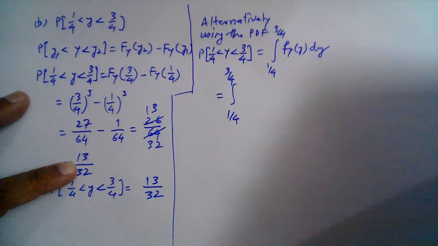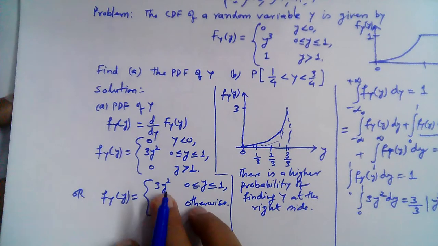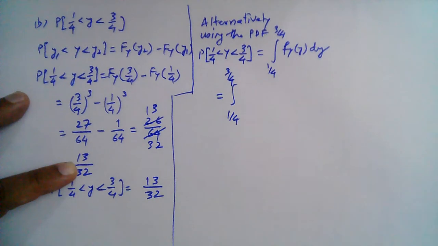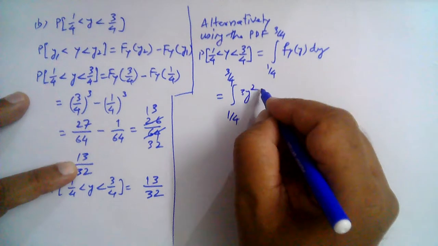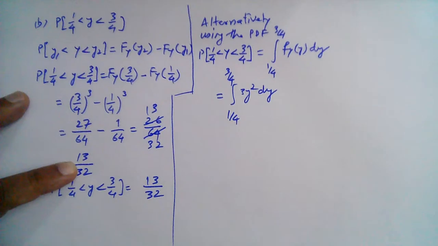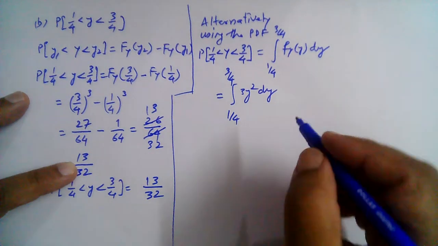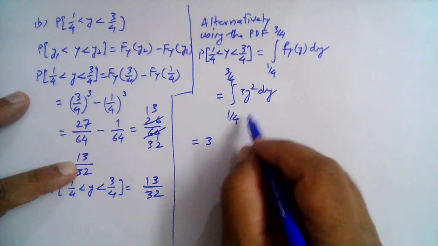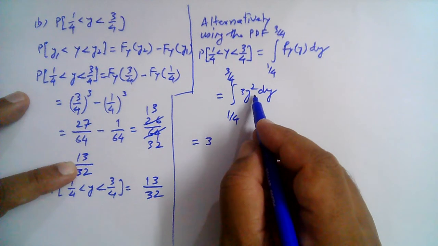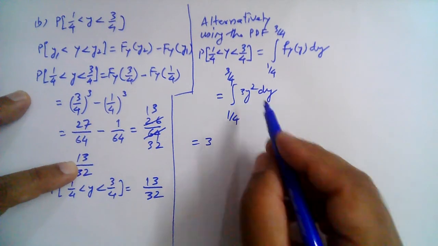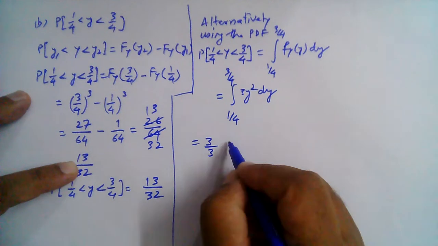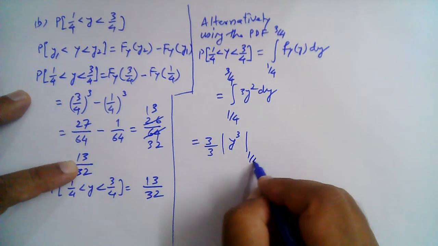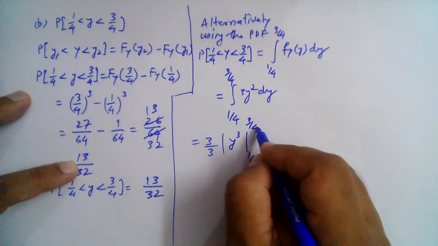We found out that fy of y is 3y square, right? So the integral from 1 over 4 to 3 over 4 of 3y square dy. So this is 3 and y cube over 3, so y cube, and the limits are 1 over 4 to 3 over 4.